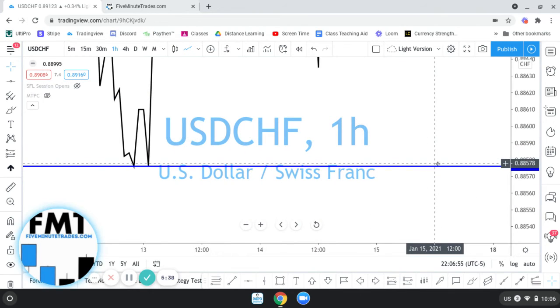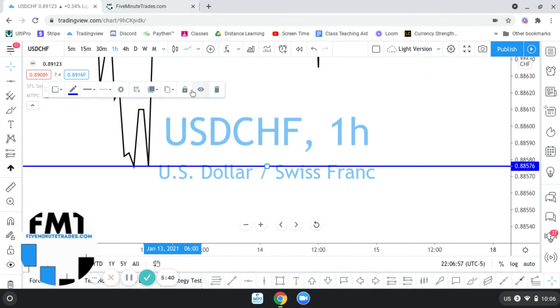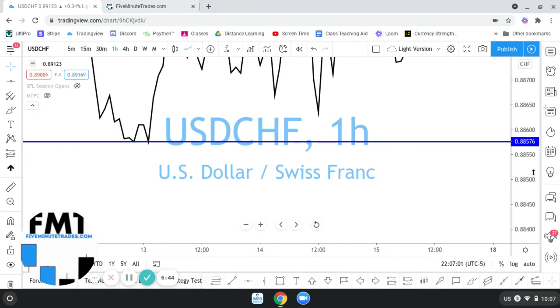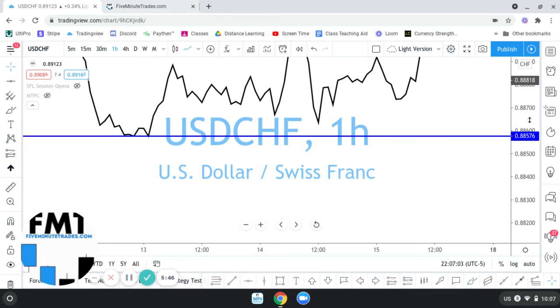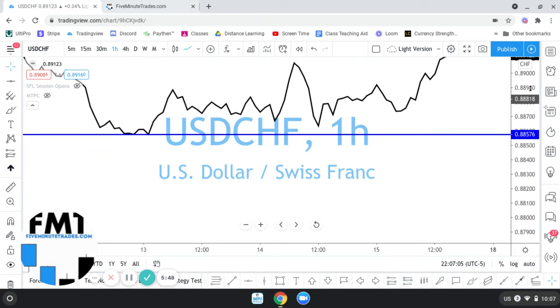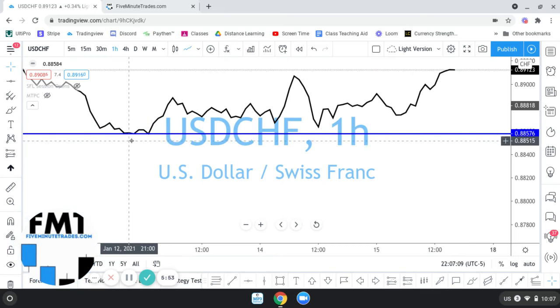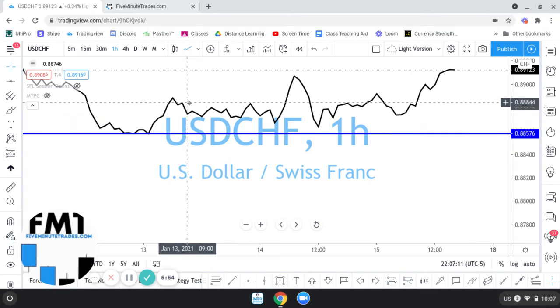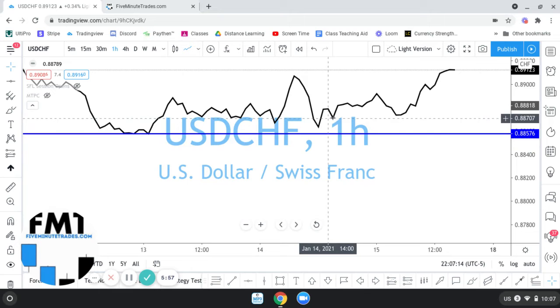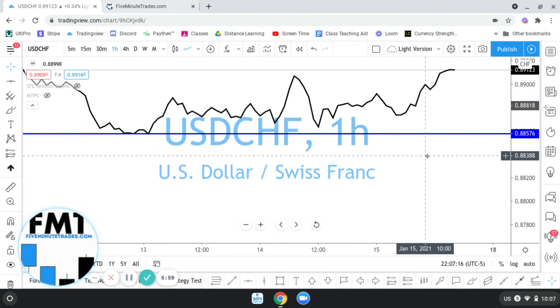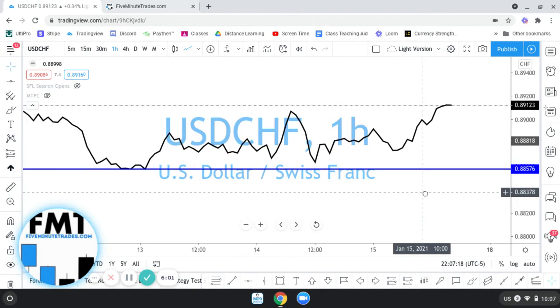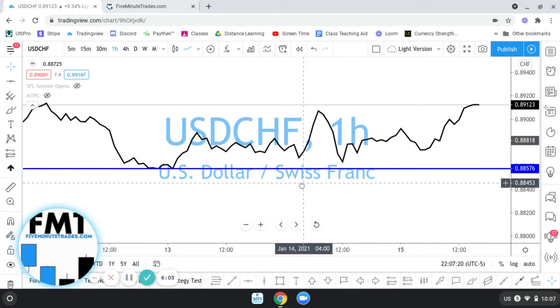Bam. Now I know it's right on there. So now this is a clear area of support because it held the price up, and then price started to move from here, then going up. So that's how I would draw my level for support there.